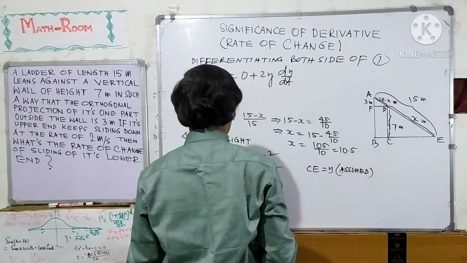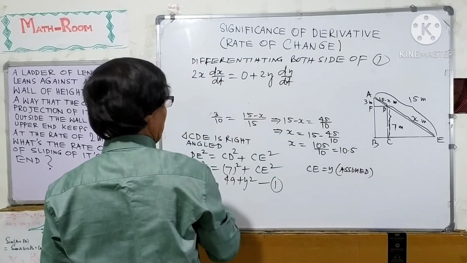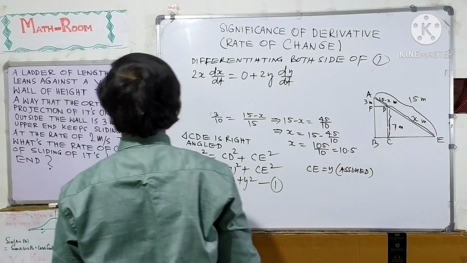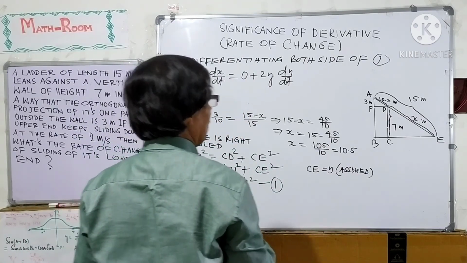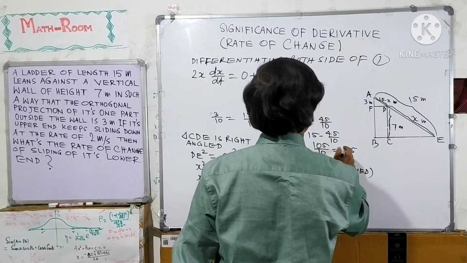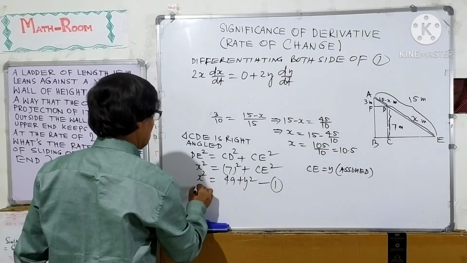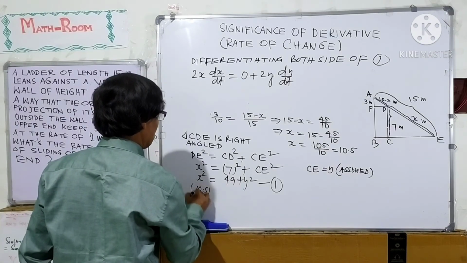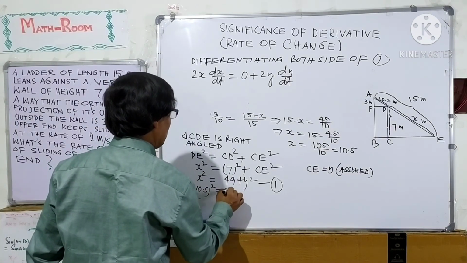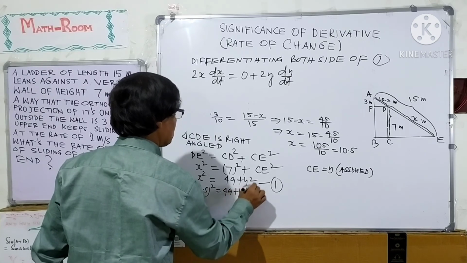Here we have already got x equal to 10.5, so 10.5 square equal to 49 plus y square.